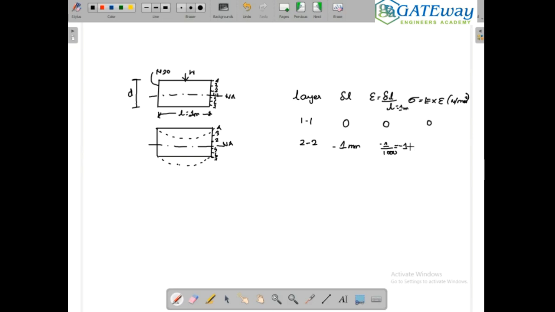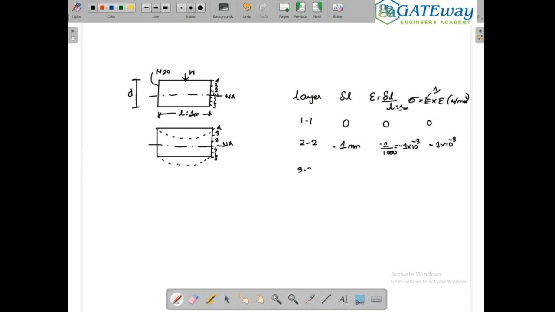So minus 1 into 10 power minus 3. Take Young's modulus as 1. Then 1 and 2, minus 1 into 10 power minus 3. The answer will be the same: minus 1 into 10 power minus 3.